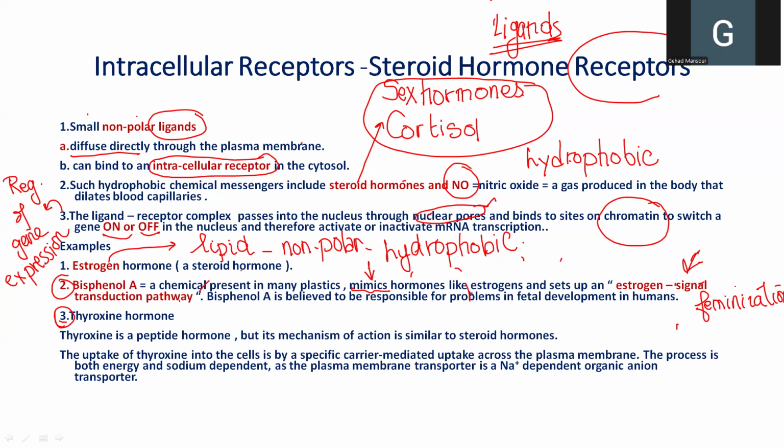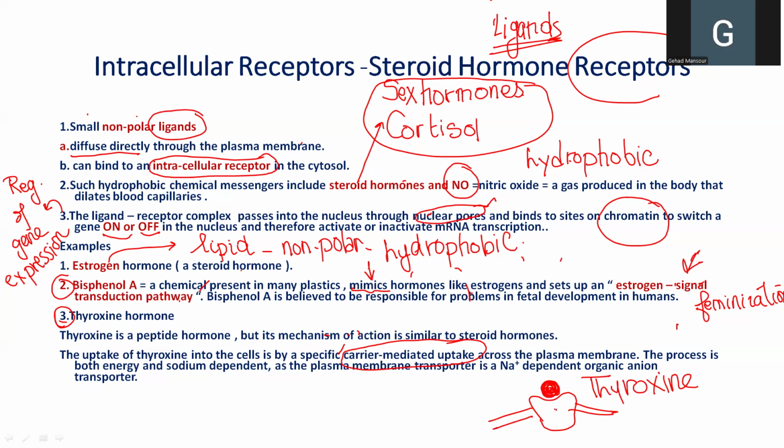First, there is an uptake of thyroxine by a carrier, a protein on the cell membrane that uptakes thyroxine. And that's why we call this a carrier-mediated uptake, meaning that this specific carrier protein will bind specifically with thyroxine. And this carrier protein is on the cell membrane, but this carrier protein itself is not a receptor.